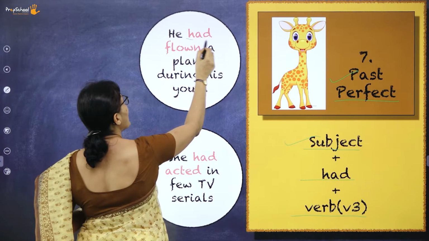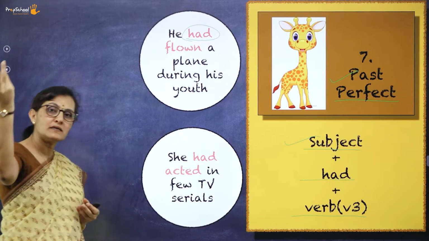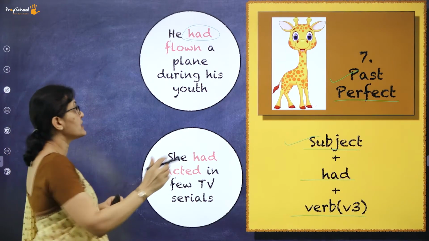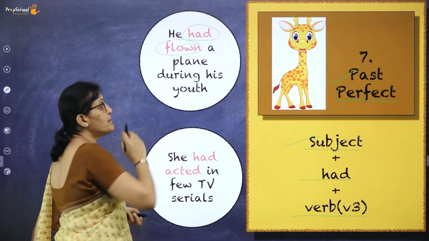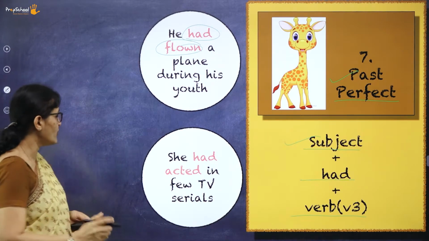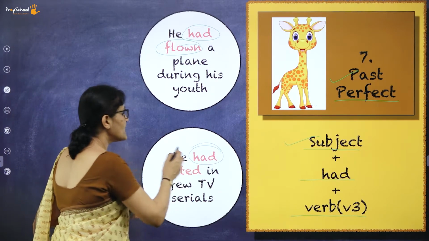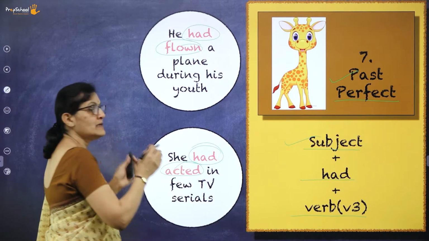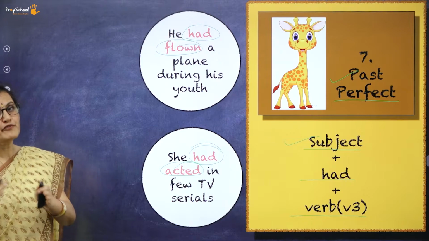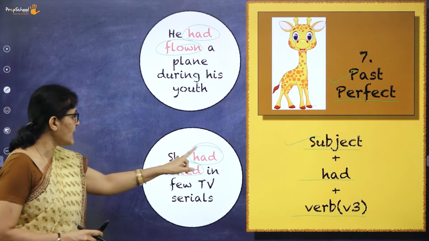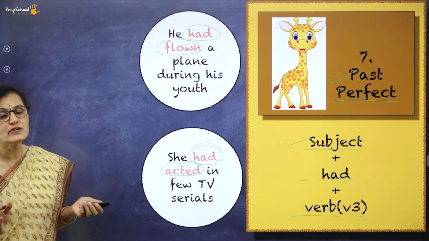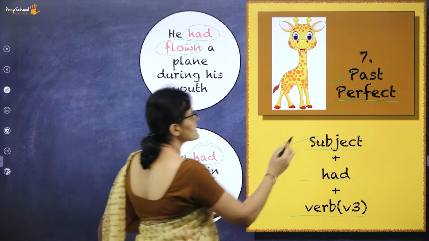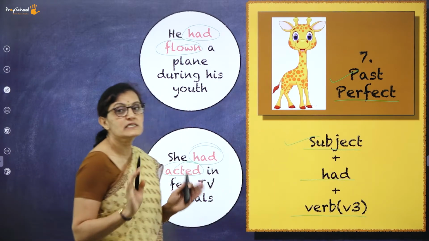So he had is past. Flown, for very sure he had flown, that is perfect. Once again, she had, that is past, and acted, that is perfect. So past perfect tense, that is she had acted in a few TV serials. So that becomes the past perfect tense.